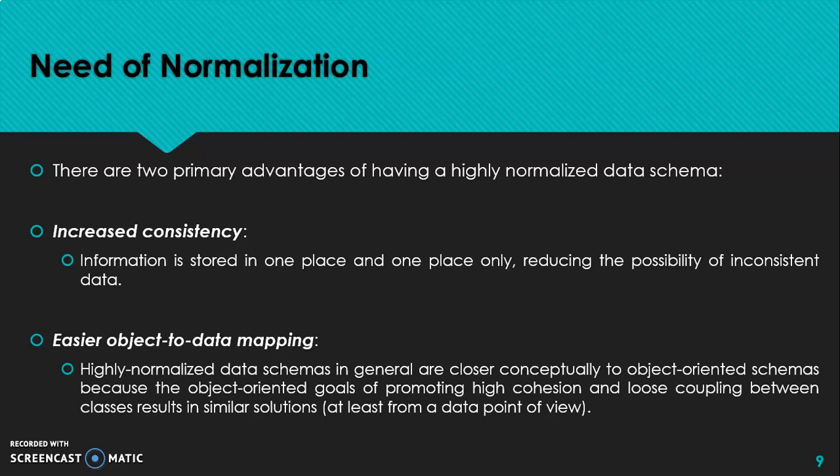Next is easier object to data mapping. Highly normalized database schemas in general are closer conceptually to object oriented schemas because the object oriented goals of promoting high cohesion and loose coupling between the classes result in a similar solution, at least from the data point of view.